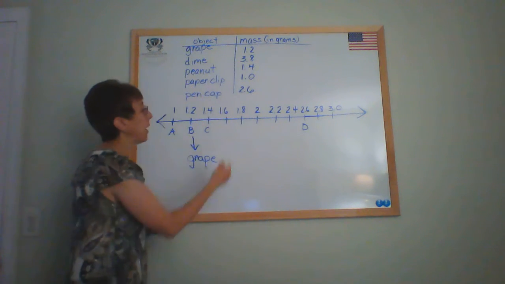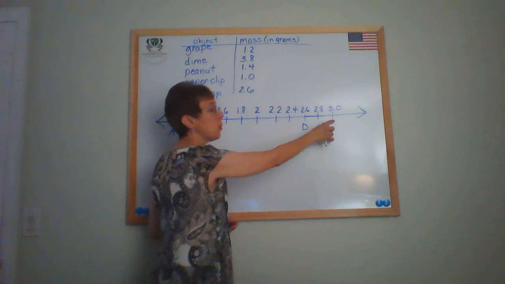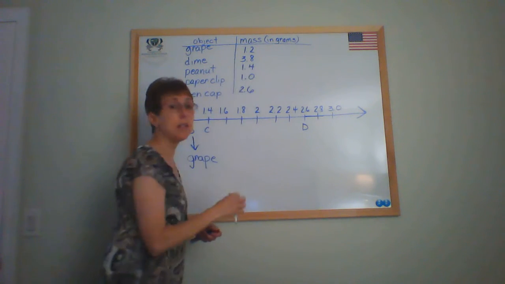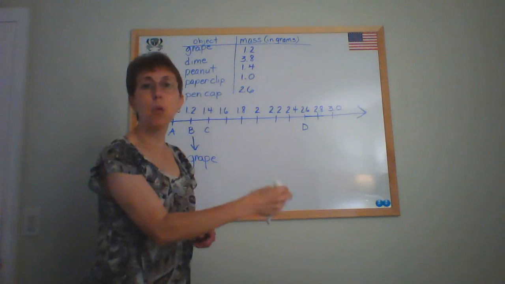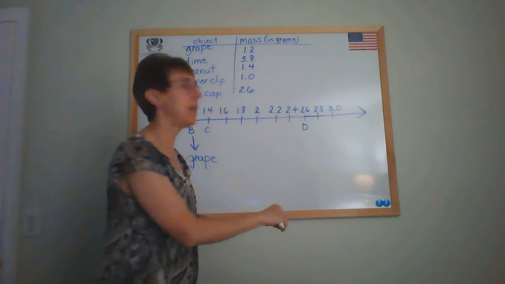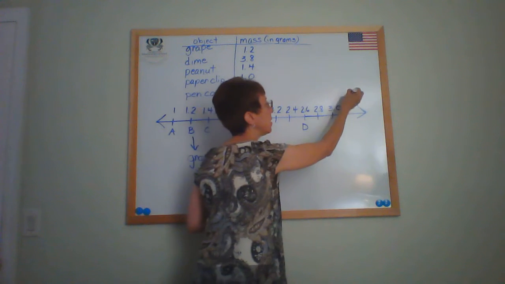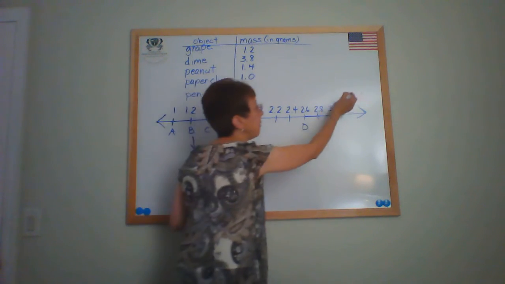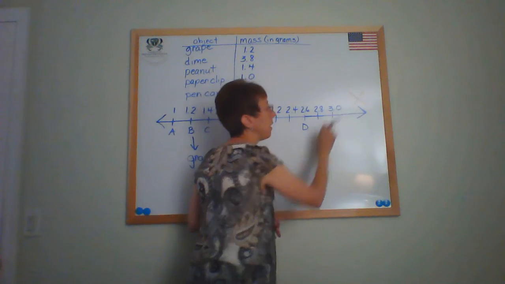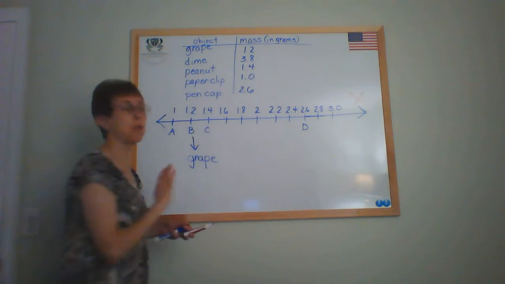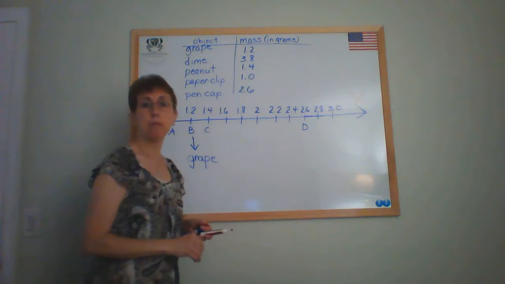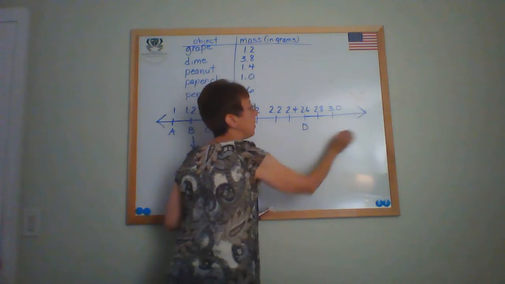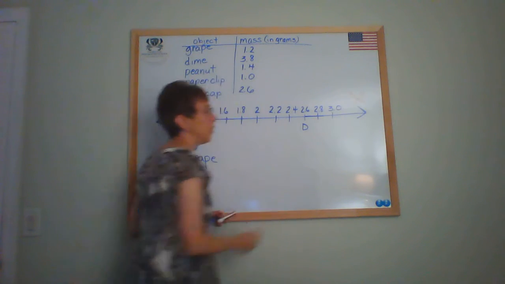You should recognize that since the number line only goes up to 3, this is 3 and so it's more than 3. 3 8/10 tells us that it's going to be out here somewhere beyond the 3, further out there. So 3 8/10 for the dime is going to be out here past the 3. Good.